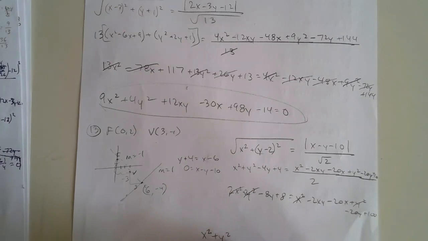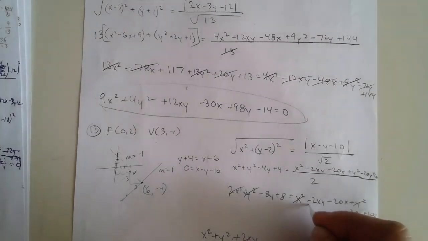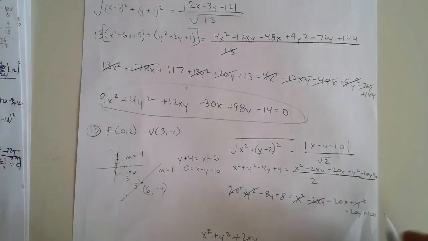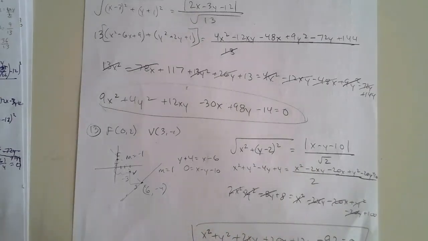Move the 2xy term over. Add 20x to both sides, add 20y to both sides, and then subtract 100 from both sides. And there we go. We're all set with that problem.